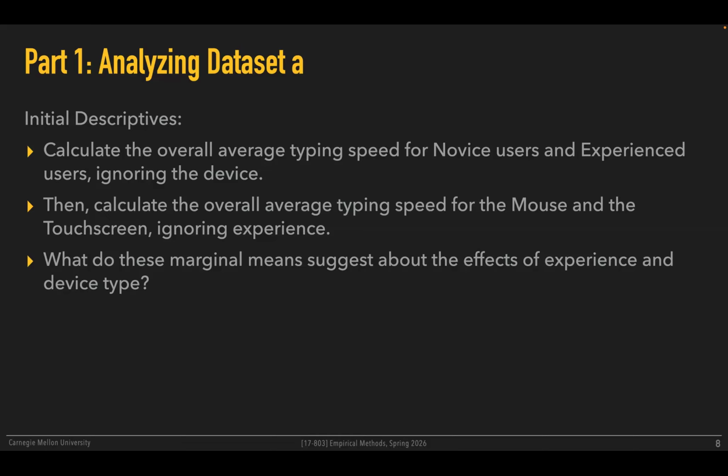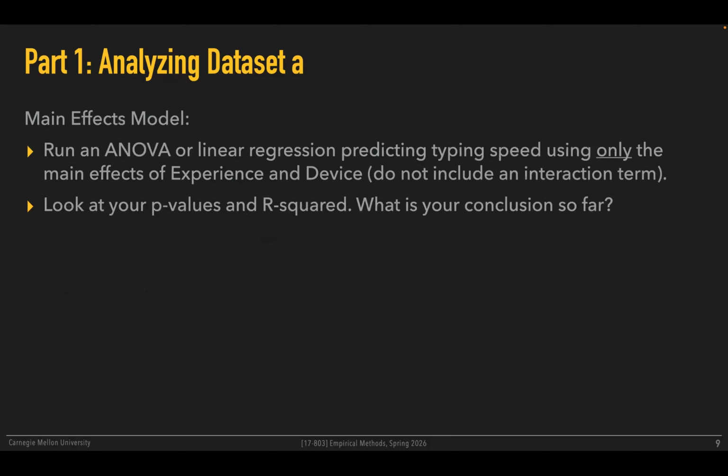Okay. So next prompt. Let's run a linear regression similarly on this data, or an ANOVA, which is equivalent, where you include both predictors in the same model. So predict typing speed as a function of experience and device together.